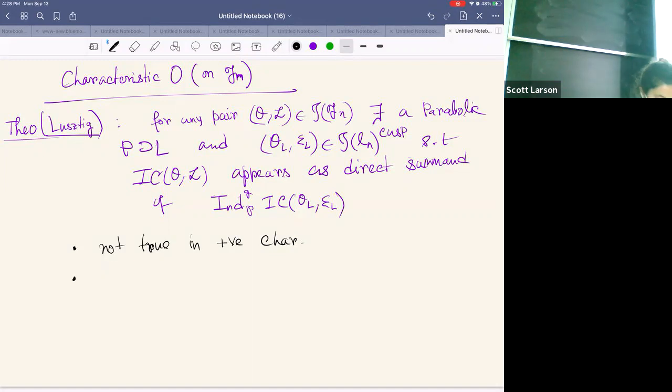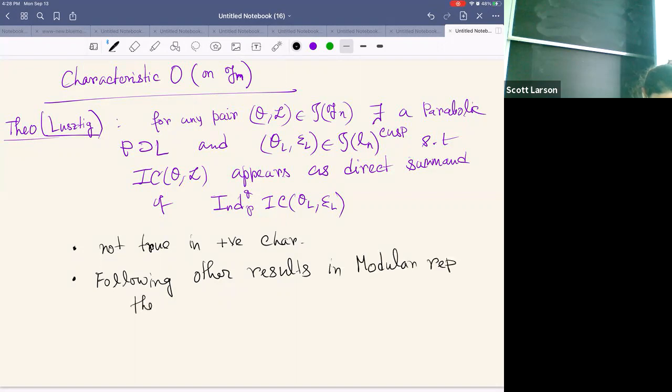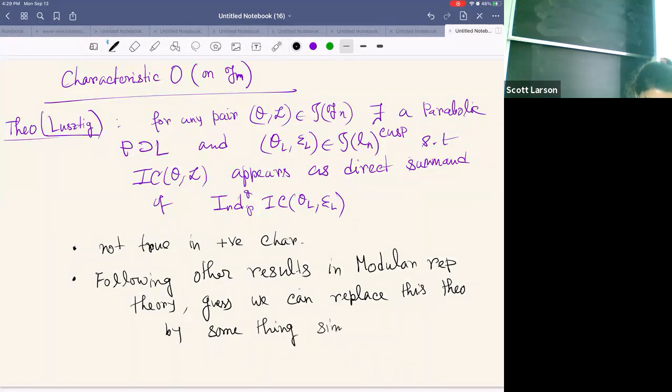So now, following other results in modular representation theory, one guess was that we can replace this theorem by something similar associated with parity sheaves.